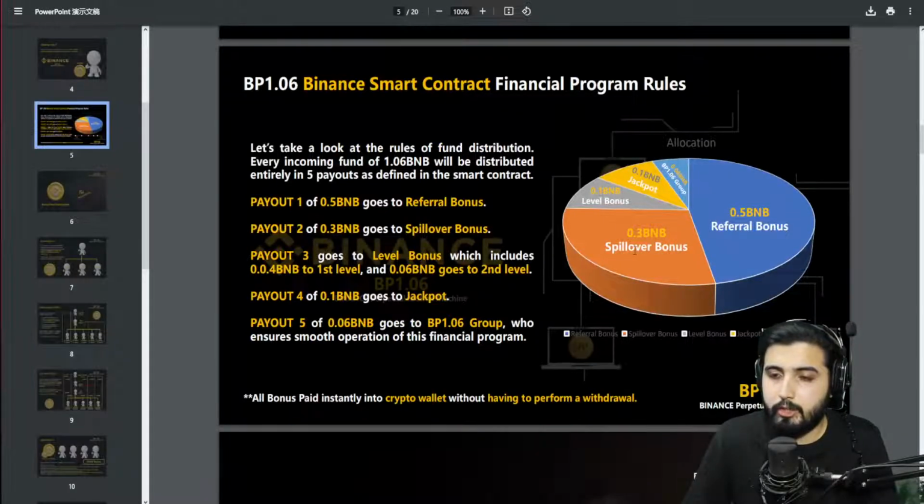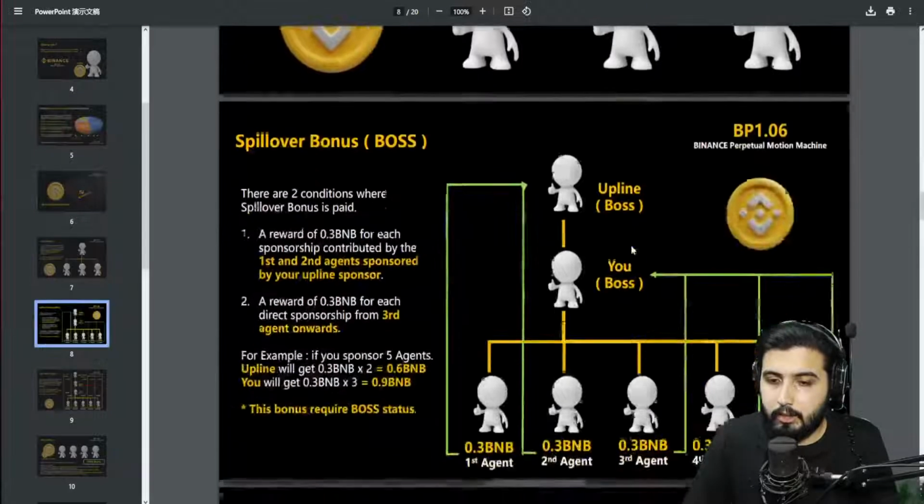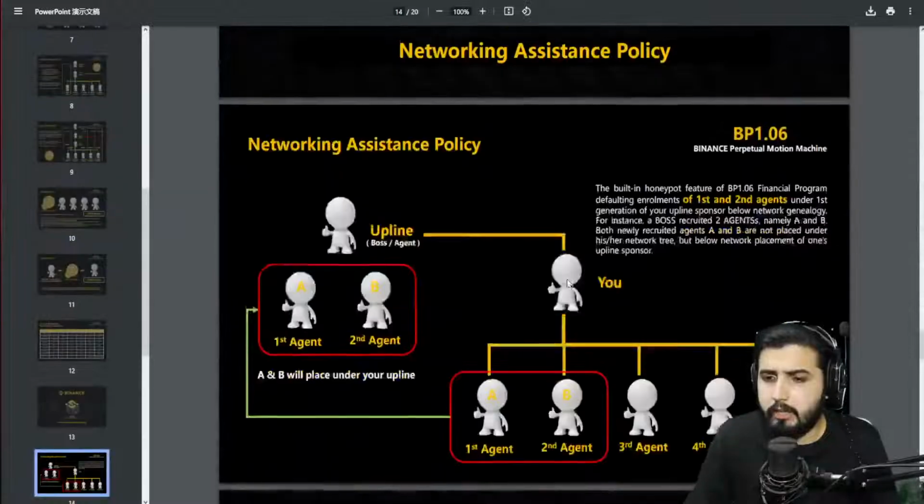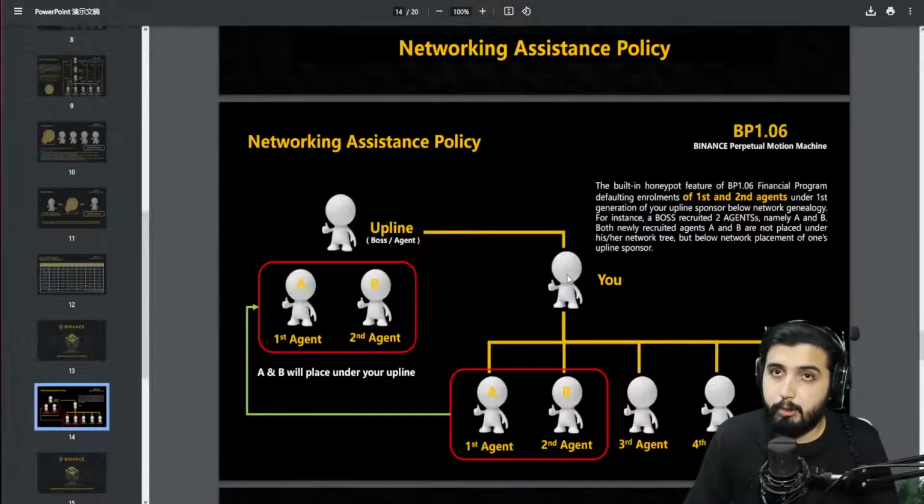I think this part was kind of clear when we talked about the spillover bonus. You can see in the spillover bonus, the first 2 agents were not placed in our network tree. They were placed in the network tree of the upline boss, the person that referred us. So this is what they're talking about here, the policy that is applied on the spillover bonus.